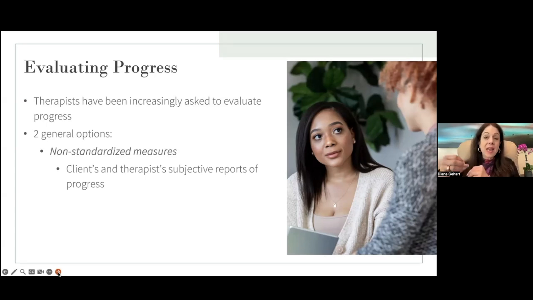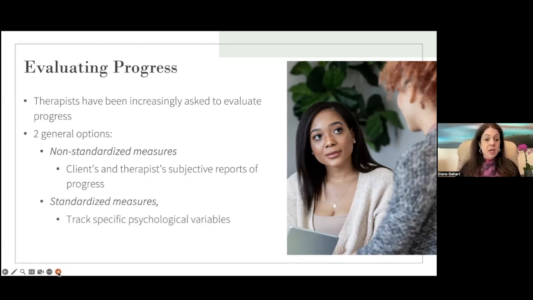You still need these data points to compare with more formalized standardized measures, which are developed by statisticians. They're usually standardized with a population, and they track more specific things. So they're considered objective. They're often considered more true.